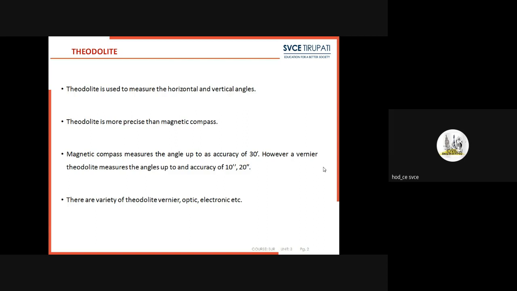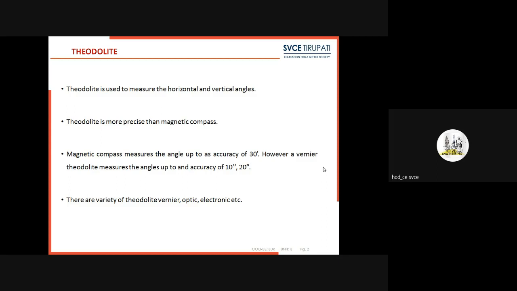If the telescope is exactly horizontal, or parallel to the earth surface, or perpendicular to the plumb line, in that case only vernier C and vernier D will be 0 degrees, 0 minutes, 0 seconds. That is only for the purpose of calculating the height of the instrument. In that case, we set the telescope so that both vernier C and vernier D are 0 degrees, 0 minutes, 0 seconds.